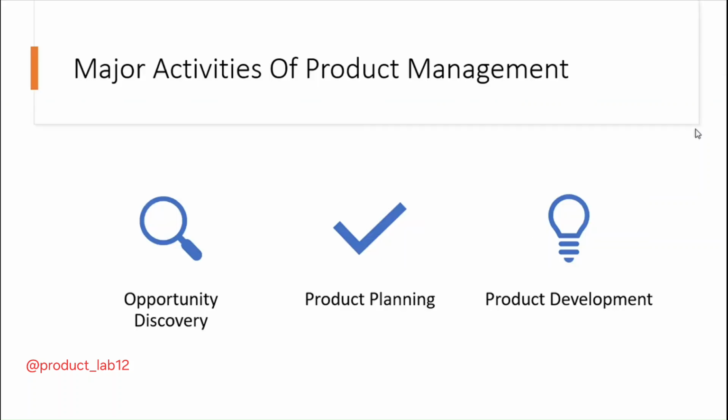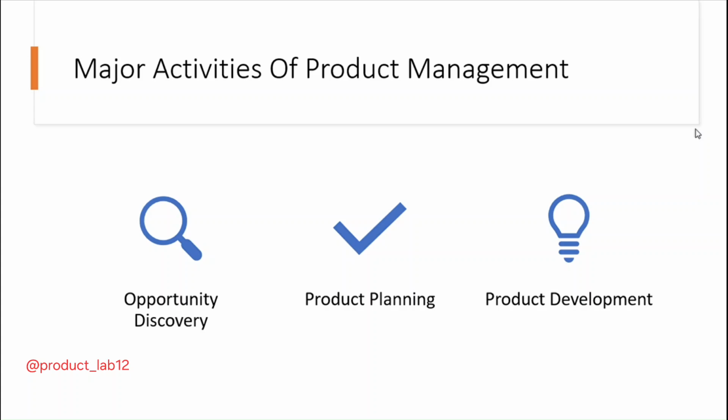Now coming to the major activities of product management. First is opportunity discovery. When we say opportunity discovery, we need to understand the unmet customer needs, then cover the competitive landscape around that, and assess the opportunity we have in hand.